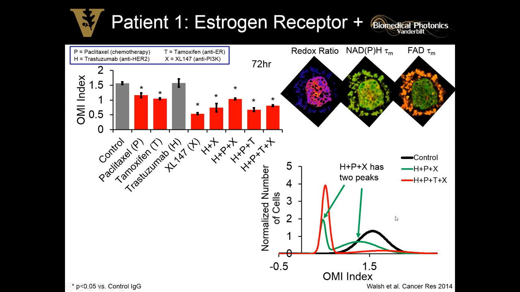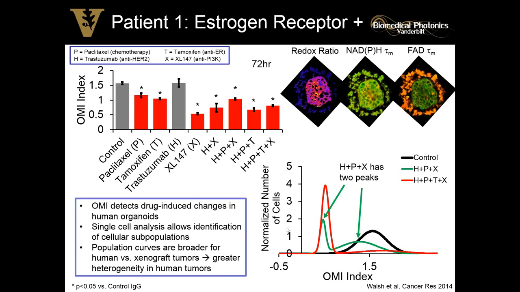And if we look at their cellular level response to treatment, we can see that there is a heterogeneous response even in the multi-drug treatment groups. And in general, we see more heterogeneous response in our human patient tumors than in our xenograft-derived tumor organoids. And this makes sense based on what we know about human tumors and xenograft tumors.